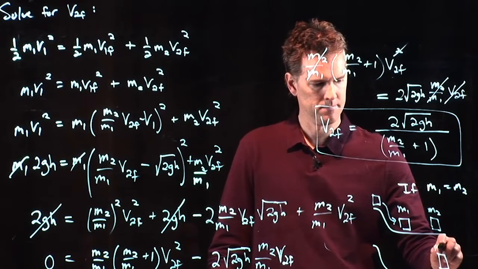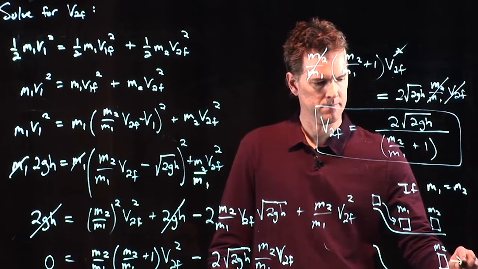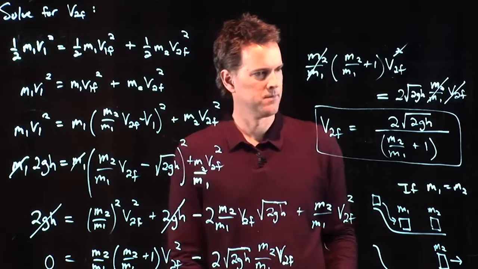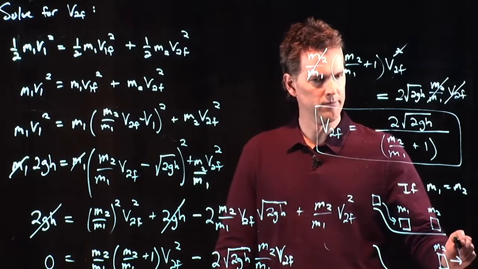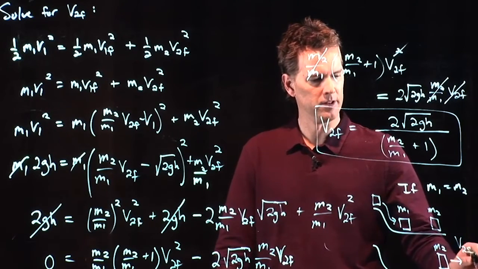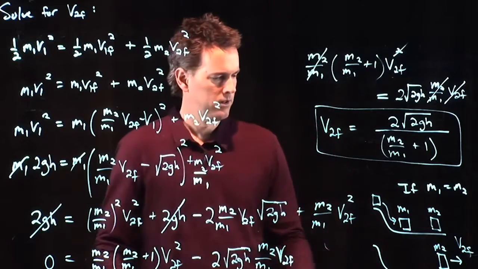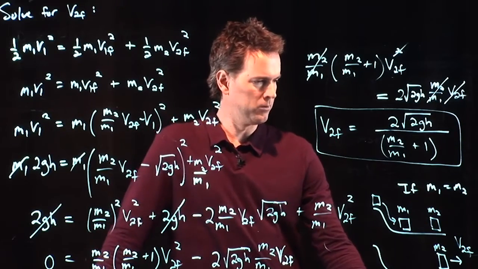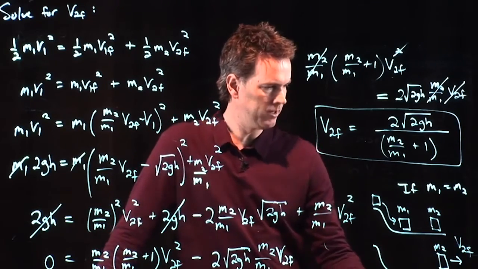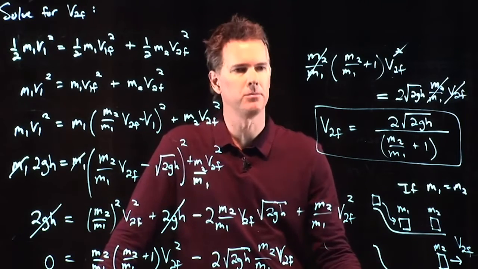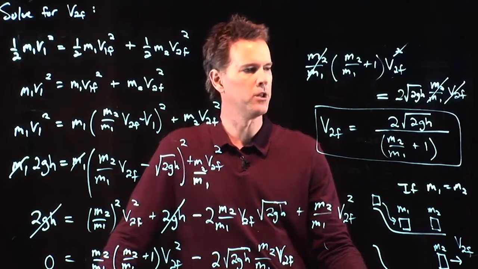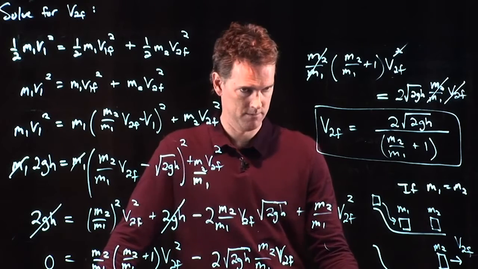You just get v1, the initial velocity from the beginning, right? Okay, we get v2f for this guy. So, Ty, the question was, what is the final speed of block 2 if m1 equals m2? What do you think it is based on this equation?